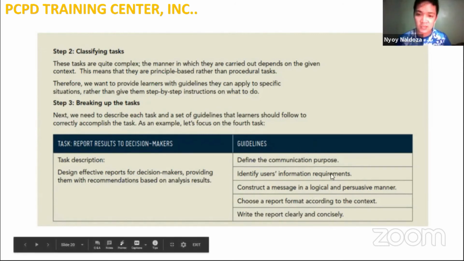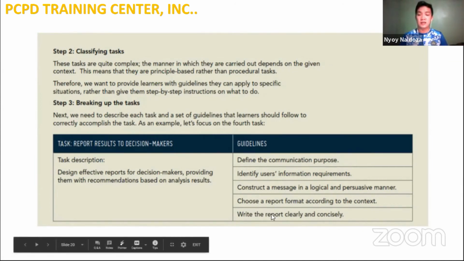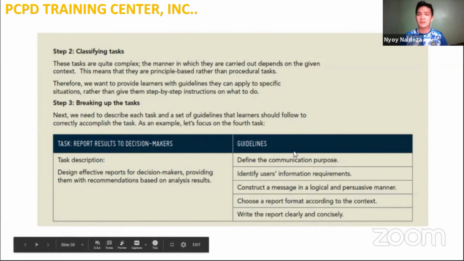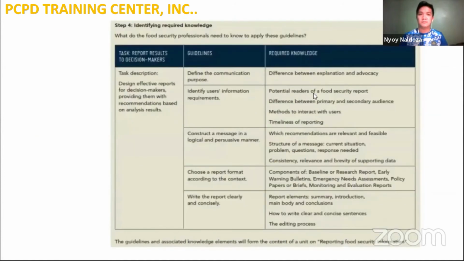On the second column, these are the guidelines to create an effective report. So defining the purpose, communication, identifying user information, construct a message, then choose a report, then write the report na. So kung titingnan niyo mabuti, it's not merely specific to the steps, but these are the guidelines. Kasi principle-based yung mismong task na in-implement.